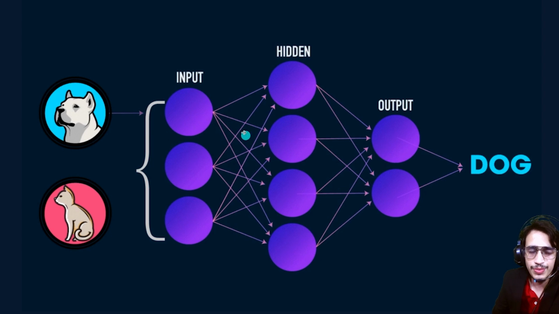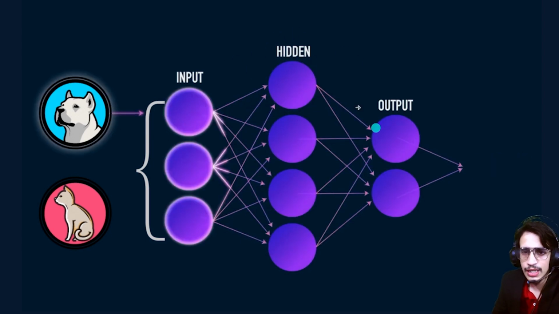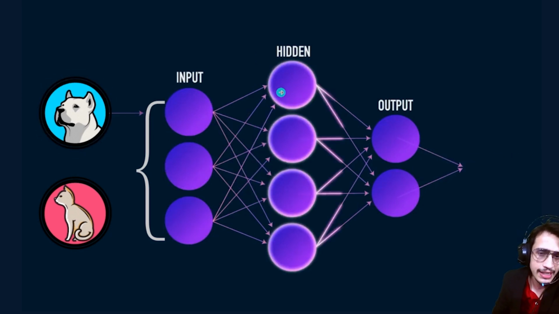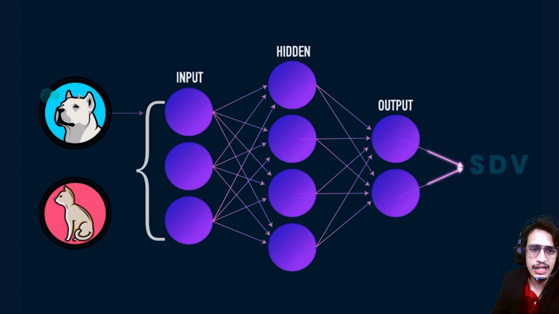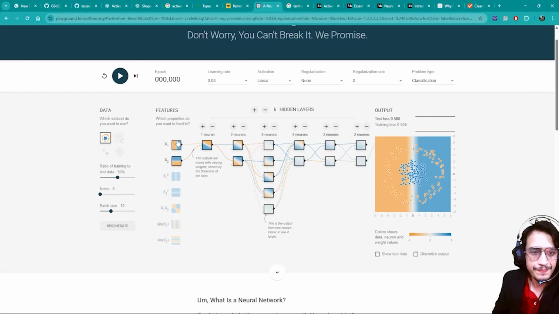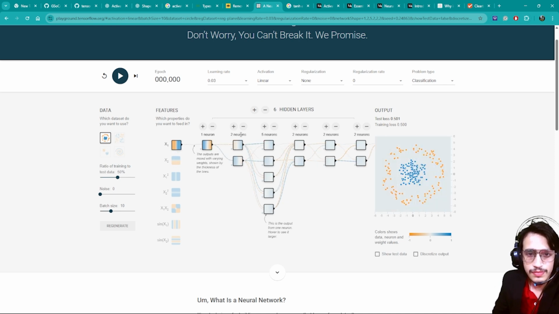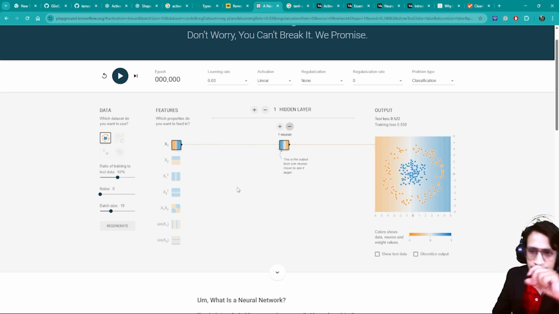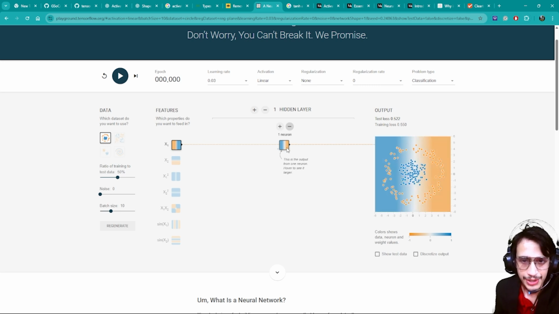Hidden layers. Hidden layers are the layers between the input and the output. In this model which you are seeing, there is only one hidden layer, but there can be multiple hidden layers. We can see this using the TensorFlow playground. So this is our neural network with only one input and one neuron, and one hidden layer.